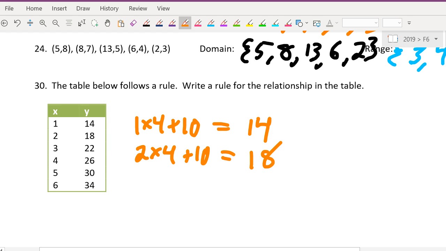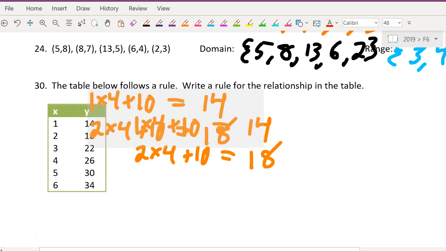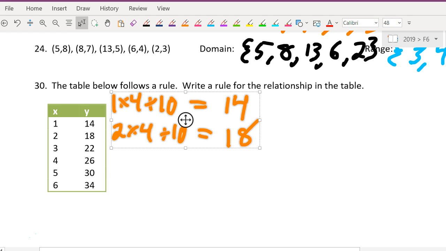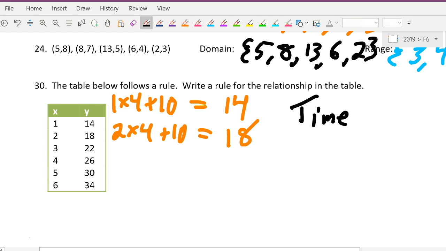And that's pretty much it. Except, let's write it out first in words, and then we're going to write it as an algebra rule. So what are the words again? What are we doing to x? Times 4 plus 10. Okay. Now we need to write an equation.